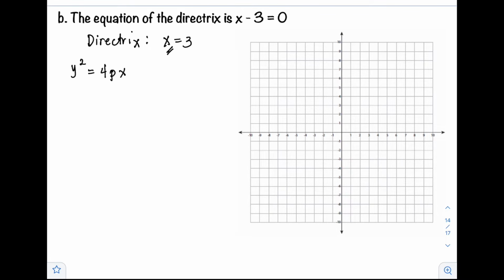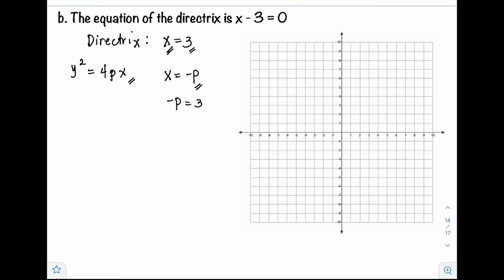Okay? Next, we identify the value of p. In this formula, our directrix is equal to negative p. So we can equate negative p to our 3. So negative p equals 3.